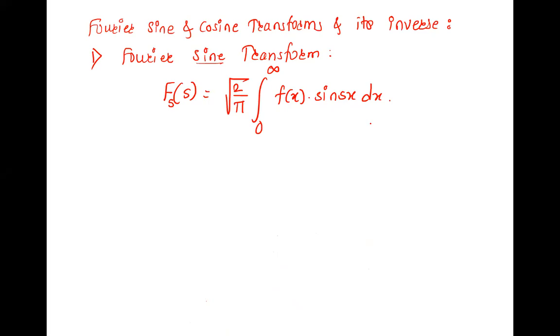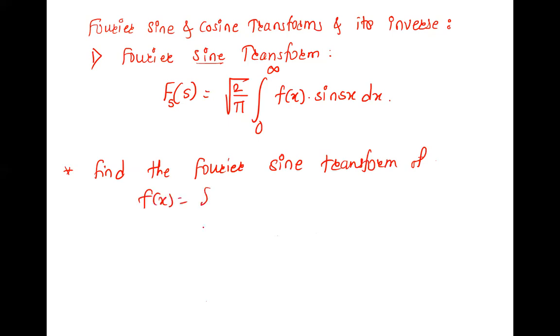We'll see one question on this and then go to the cosine and inverse later. So write the question. Find the Fourier sine transform of f of x equal to 1 in 0 to 1 and 0 when x is greater than 1.